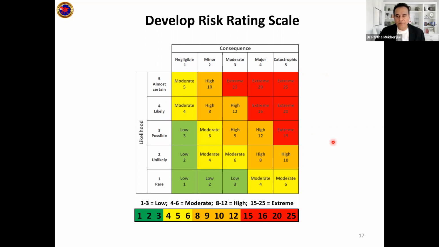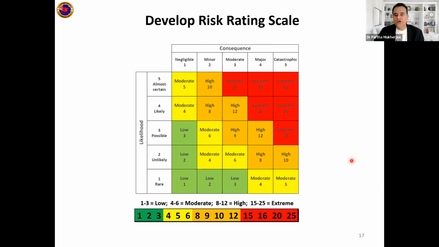This is a 5x5 template which everyone uses, but I thought I'll give you something which is not in the textbook. I have used in some of my very complex projects a 7-point scale instead of a 5-point scale. In smaller projects, I used a 3-point scale, just high, medium, low, 3x3, a box of 9.